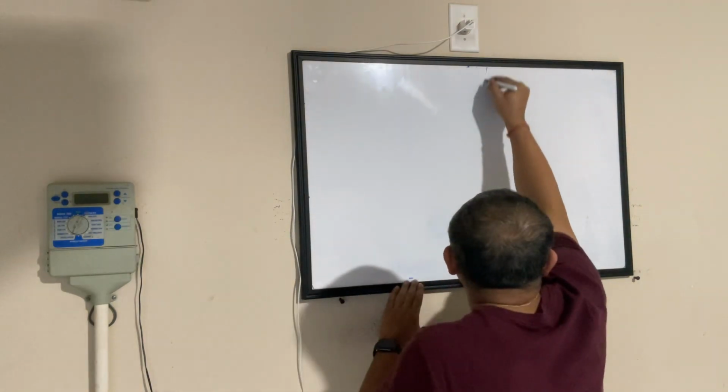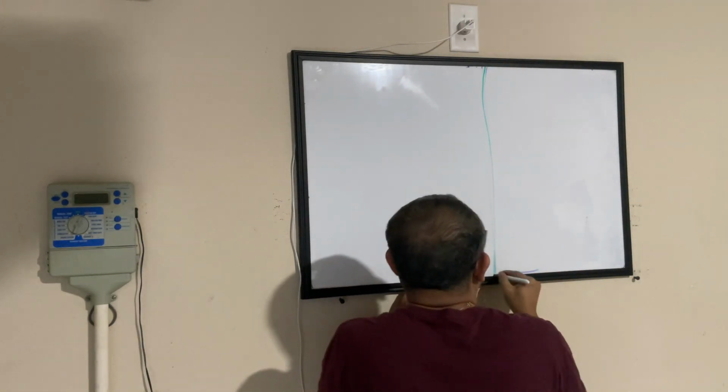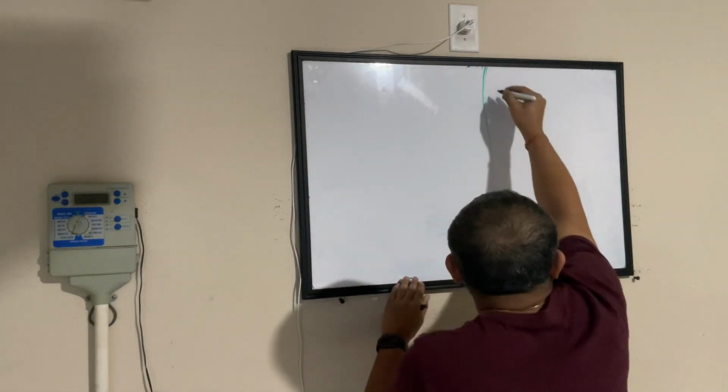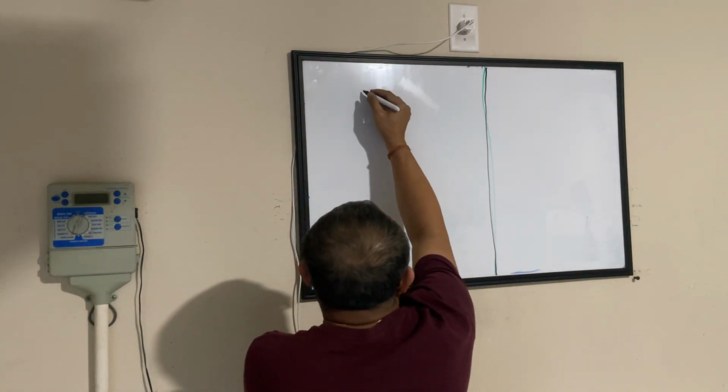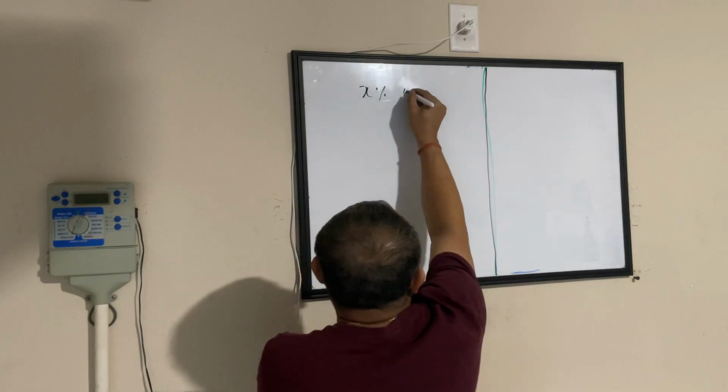Now, when you talk about percentage, there are essentially two things that you have to have as a takeaway. First scenario is when you have to find out X percent of something.